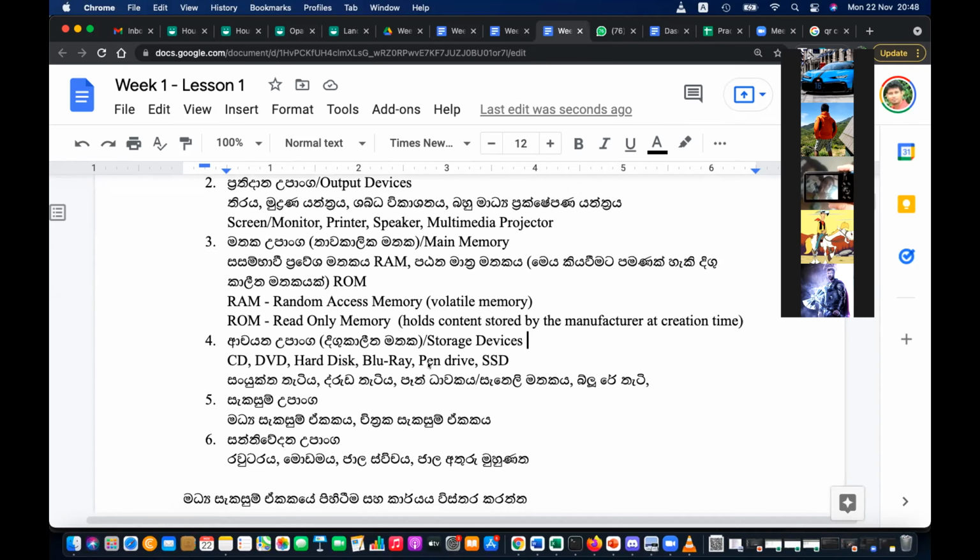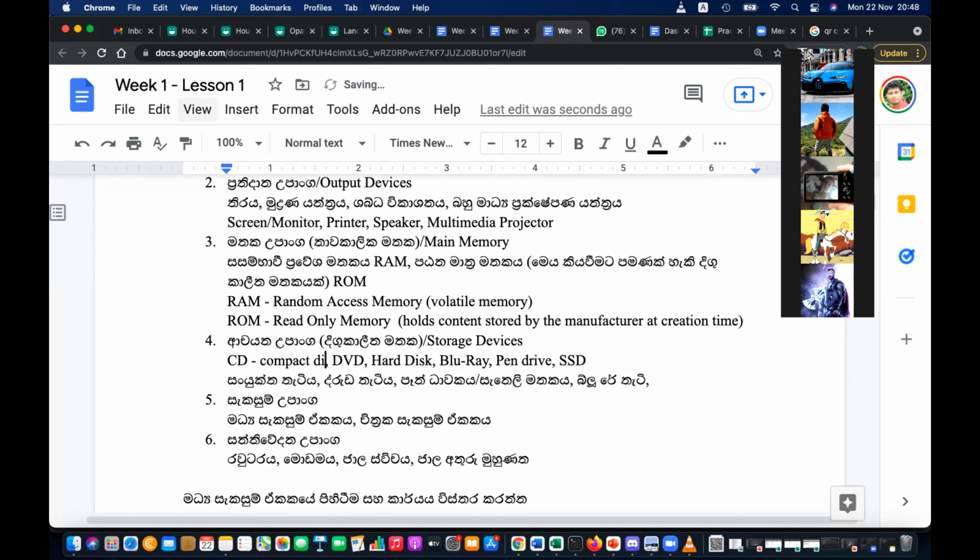Right. So then the next one is storage devices. You know, the memory is temporary, volatile. But then you have the storage devices, which are permanent. So CD means compact disk.